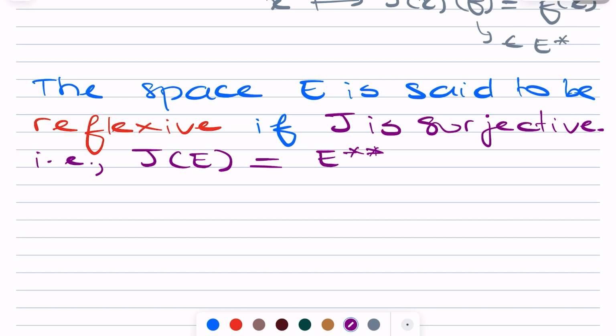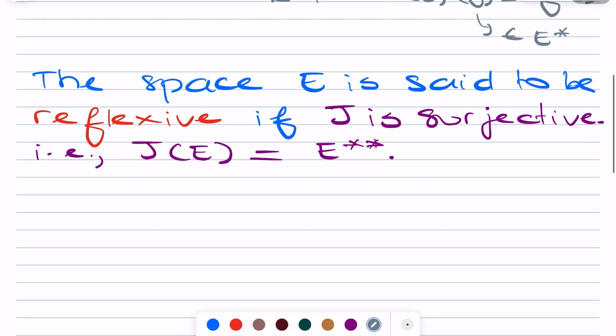So when the space E is reflexive, we often identify the bidual with E. So maybe let me just write it.